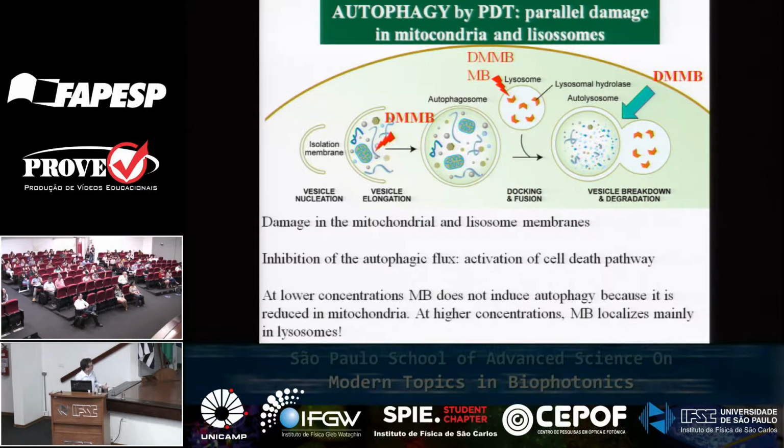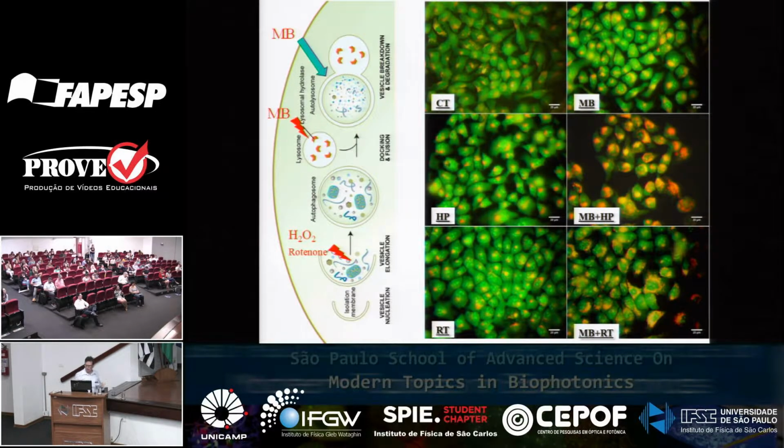So how do we prove this? Methylene blue is very good to cause lysosome damage, but not so much mitochondrial damage, at least at low concentration. So perhaps what we propose is that we do an external damage to mitochondria, do both, and then see what happens. And the hypothesis was right. We used 2 independent chemical agents that damage mitochondria. One is hydrogen peroxide at low concentration, which activates mitophagy.